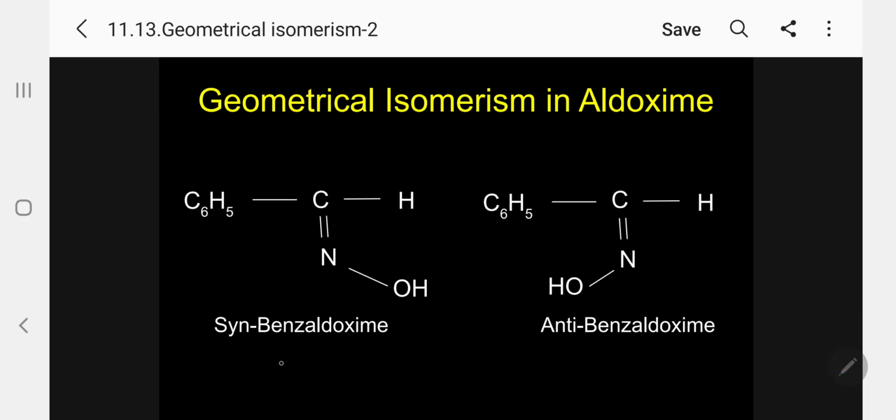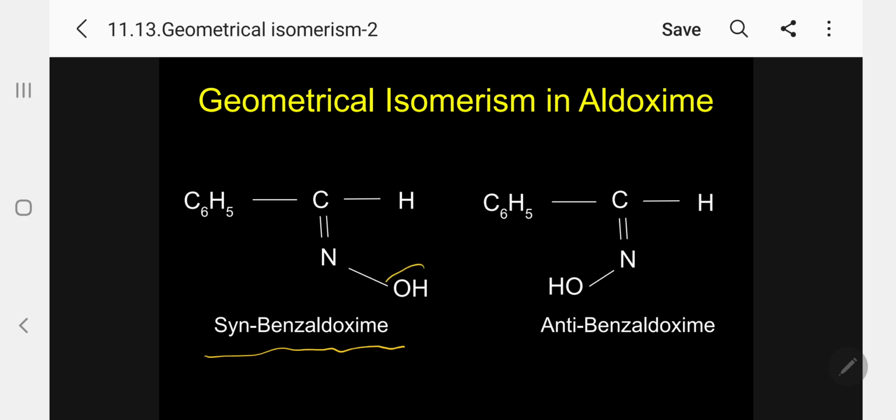This is called benzaldoxime. Example, C6H5 from benzaldehyde undergoes condensation with hydroxylamine to produce benzaldoxime. This is also benzaldoxime. But what I am giving is a new name.